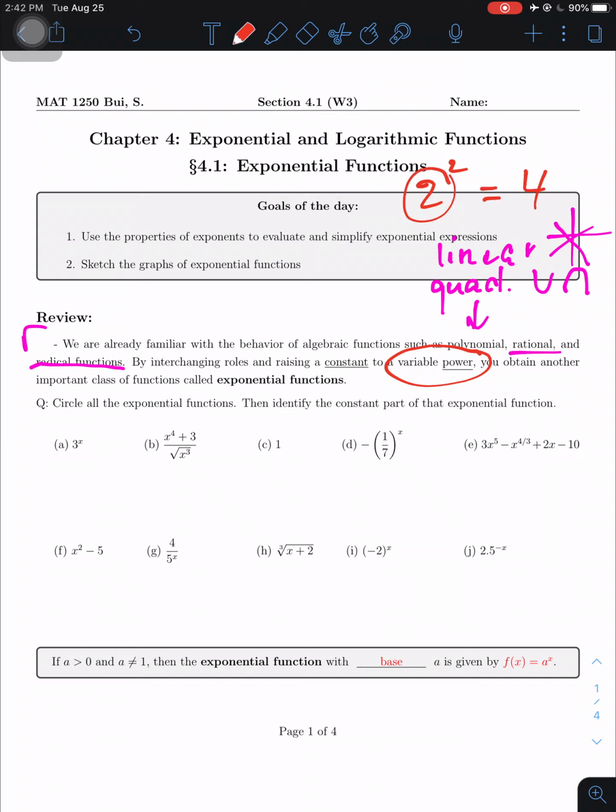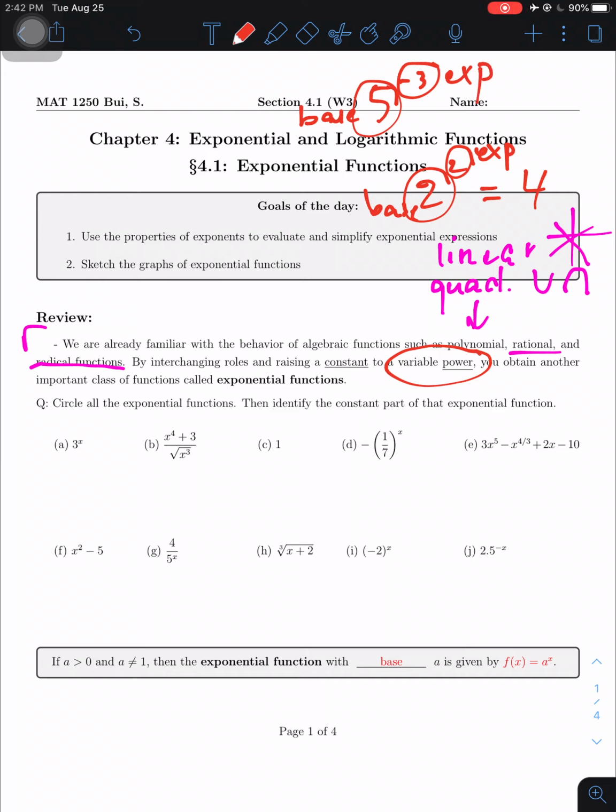This 2 we call the base, and the little 2 on top of it we call the exponent, okay? Another example is 5 to the negative 3, where this 5 is the base. My tip here is that the big number is for the base, b and big, and the small number is for the exponent, okay?